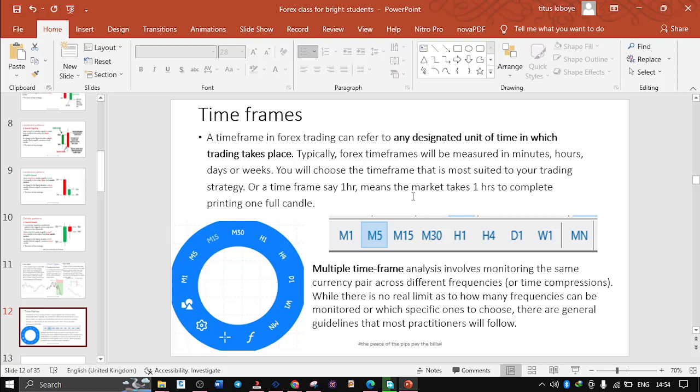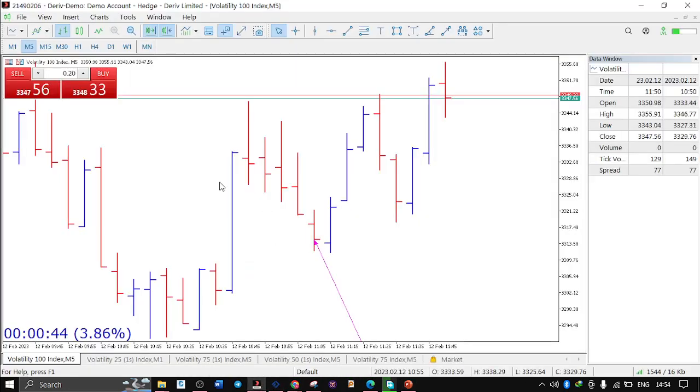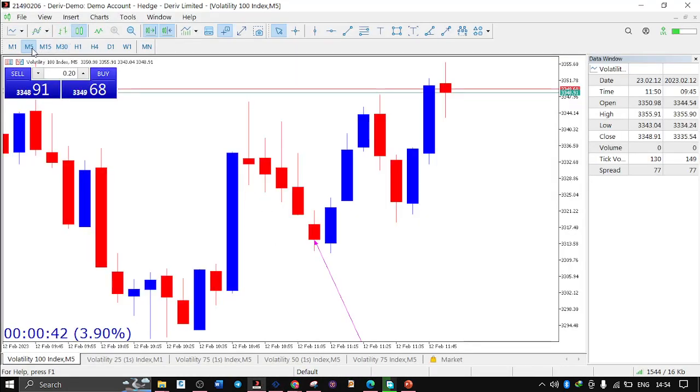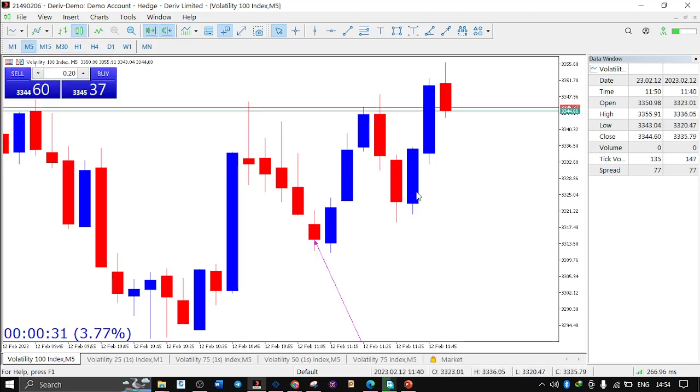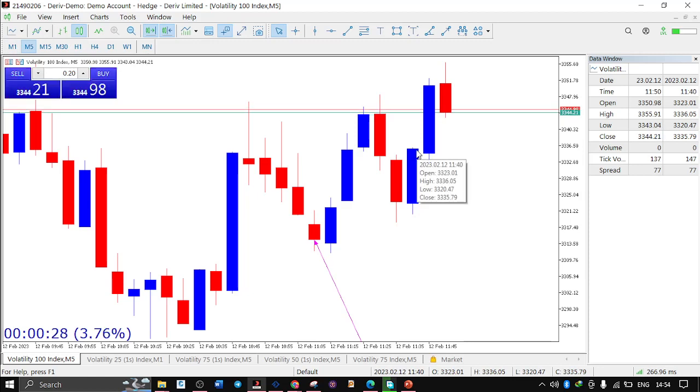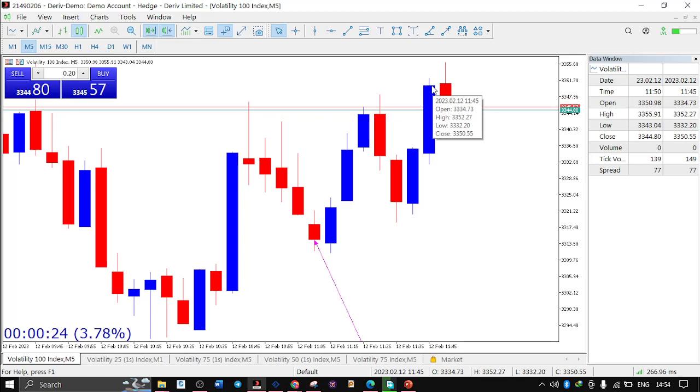You see, for the candles, when we switch to the 5 minutes time frame, on a live chart, it means it will take 5 minutes to print this one candle. Again, it takes another 5 minutes to print the next candle to finish. Does it make sense?